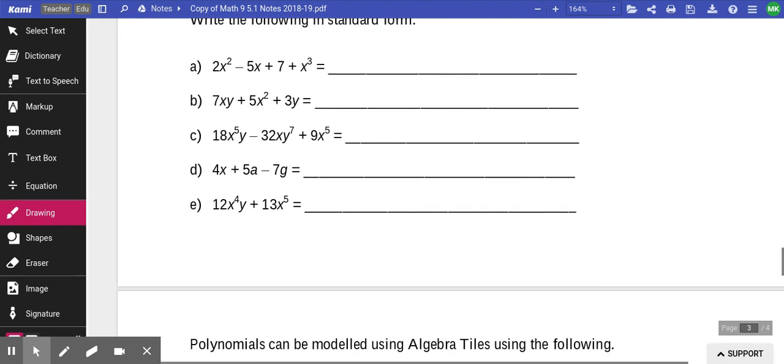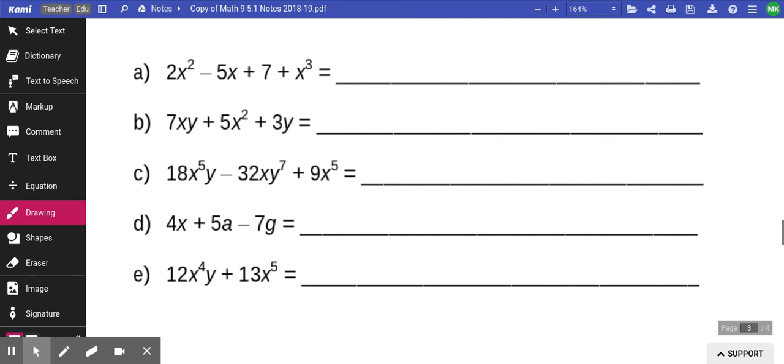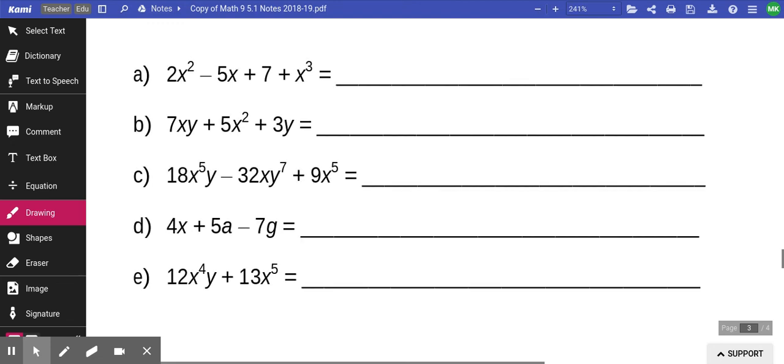So if we look at these, if we want to rewrite these things in standard form, we want to do the highest degree to the lowest degree. The highest degree right here is this plus x cubed, so that would go first. The next highest thing I have is 2x squared. It would be a plus 2x squared.